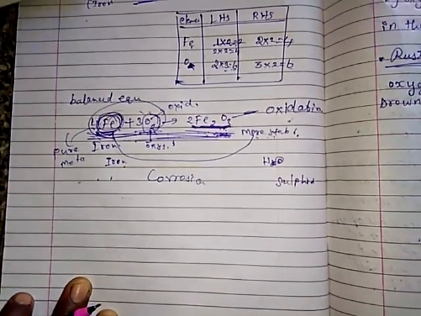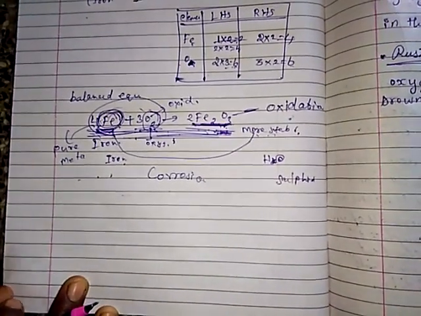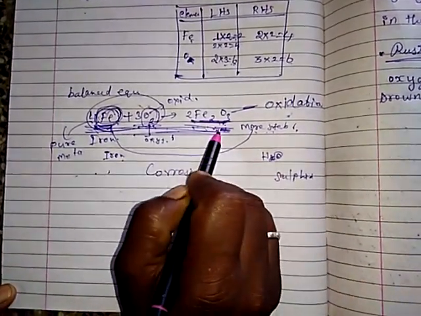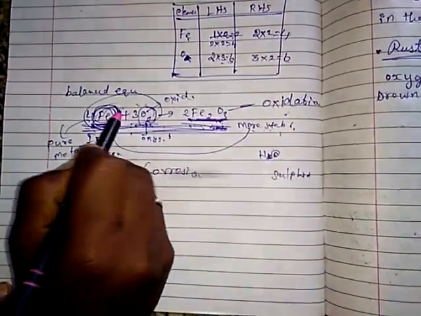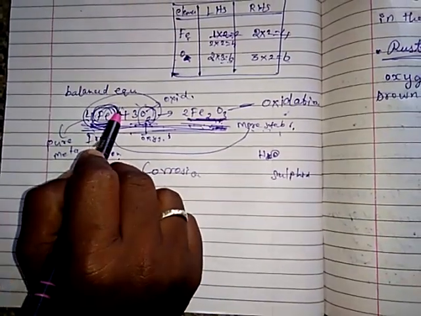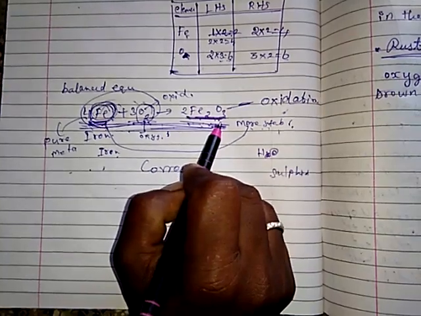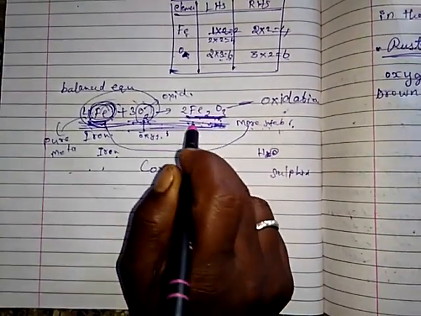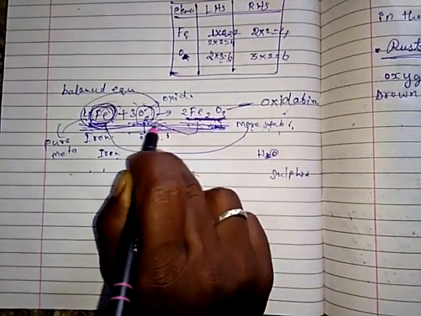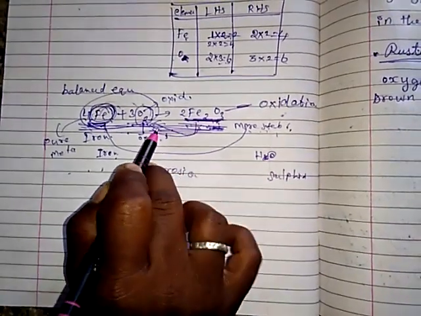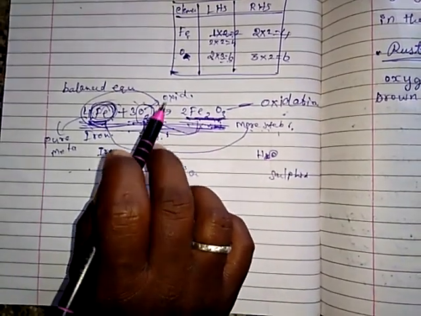And after that, though Fe2O3 is more stable than iron, by the formation of Fe2O3 there is gradual destruction of this metal.